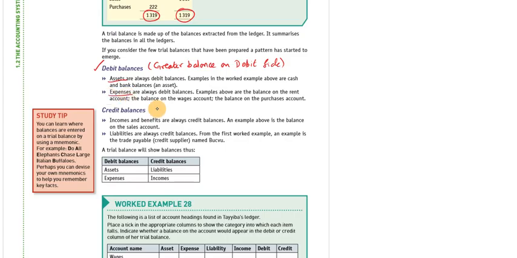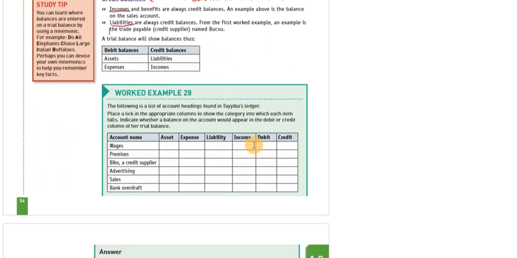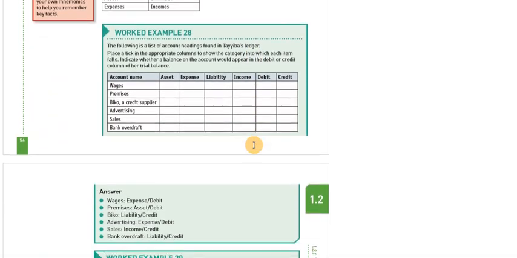Credit balance means greater balance on the credit side. So income and liabilities normally have a credit balance. So this is the simplest, I think.